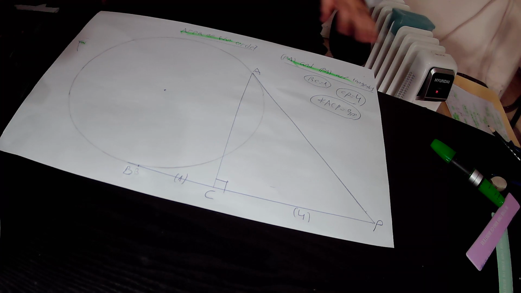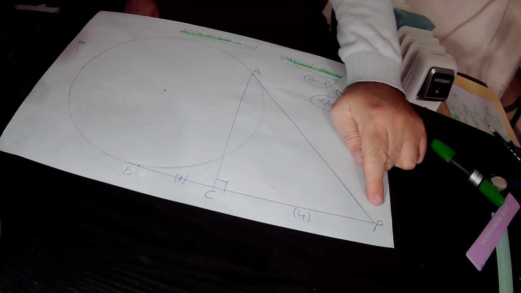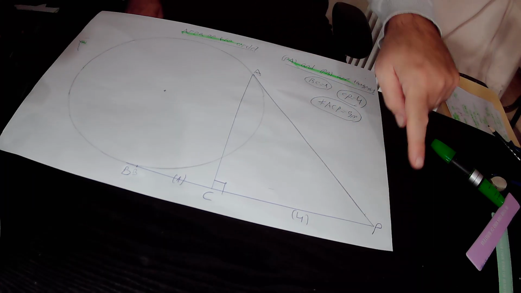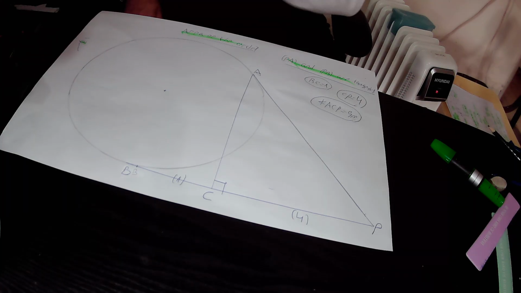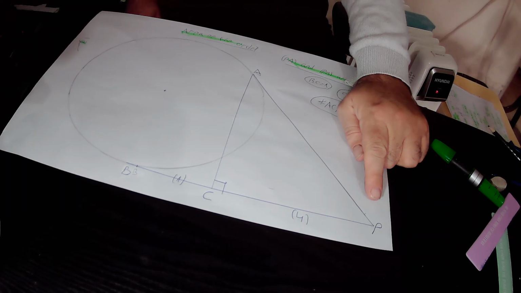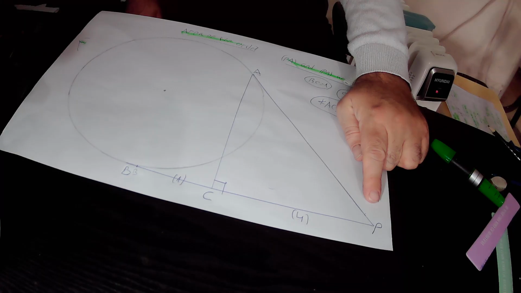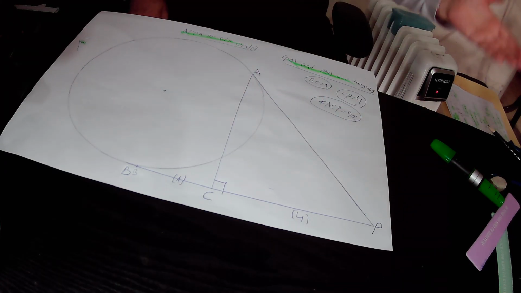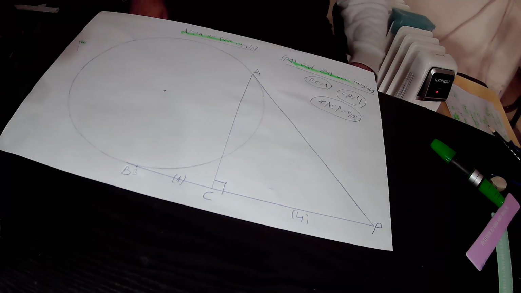Well, in our drawing, this is the common standpoint, point P. From this common standpoint P, it is given in the question that PA and PB are two tangents to the circle. And according to rule 2, they are equal to each other.